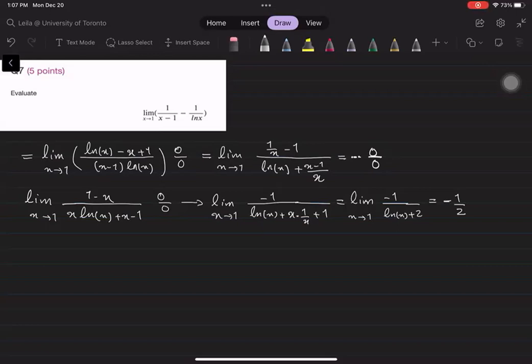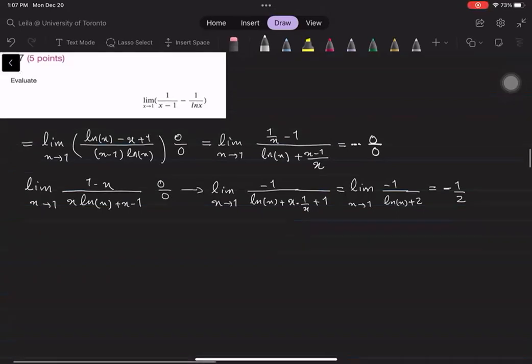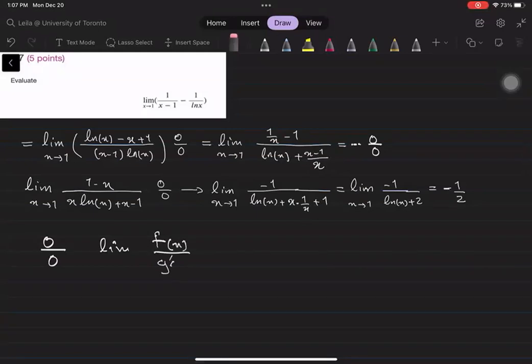Anyone have questions about this? Okay, so L'Hopital's is right. So if you have 0 divided by 0 and you have limit of, say, f of x divided by g of x, you can take the derivative.